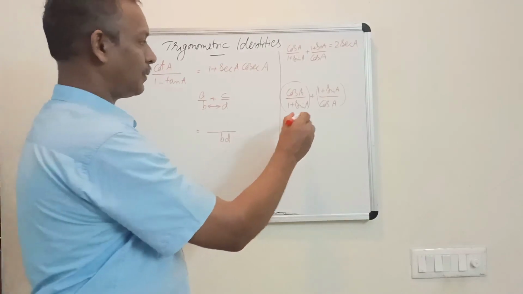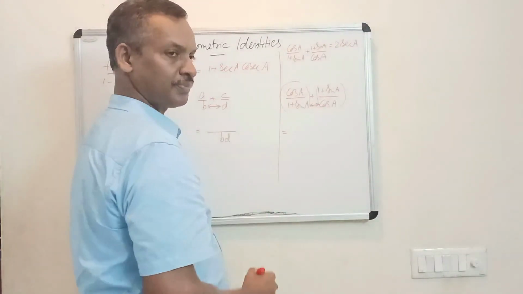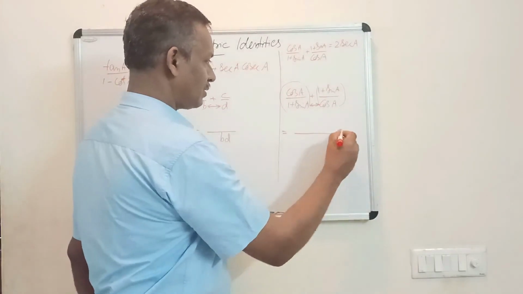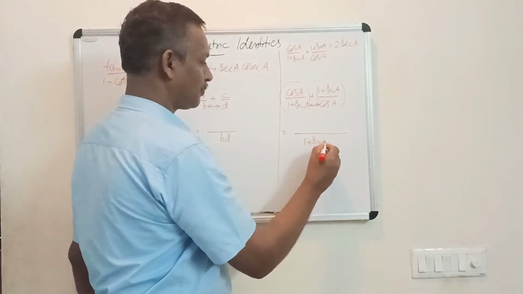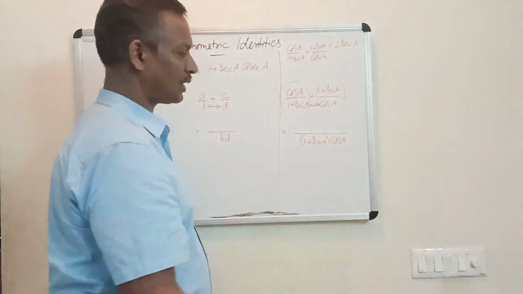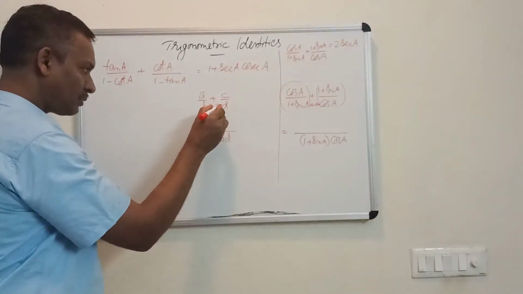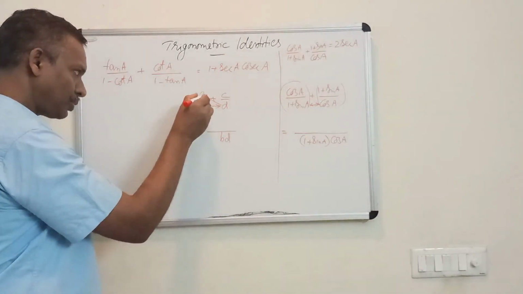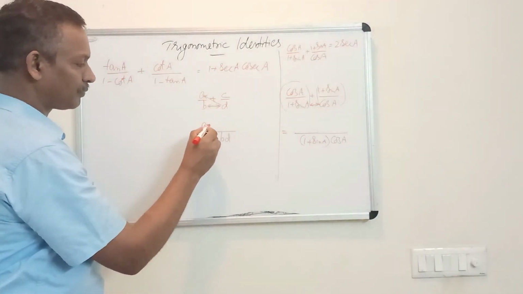You can follow the same process here. Multiply these two denominators. You can write like this: 1 plus sin a into cos a. And then multiply this denominator to the numerator and write in the numerator a into d.